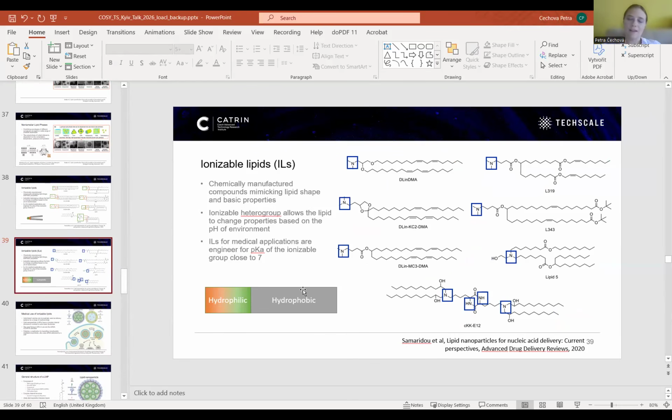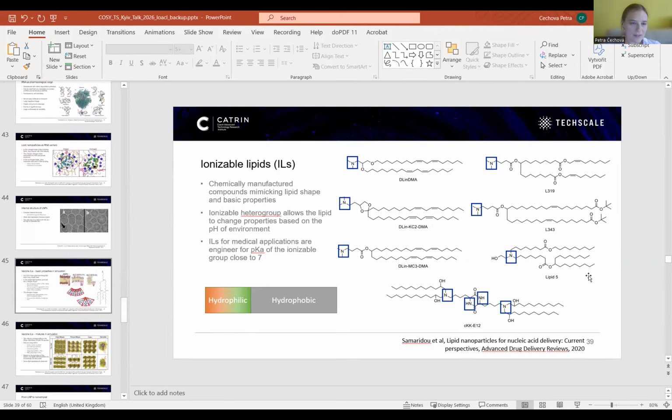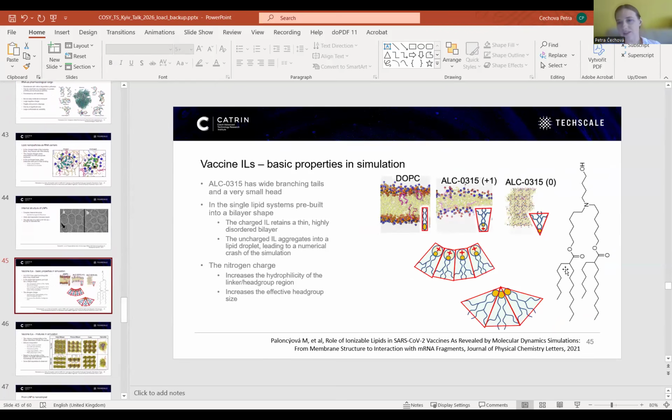One thing: we cannot see it directly, but we can provide some mechanistic explanation. This is the lipid that is used in the Pfizer formulation of lipid nanoparticles, right? You can see it has 4 tiny tails, or 2 tails that are divided into 4.